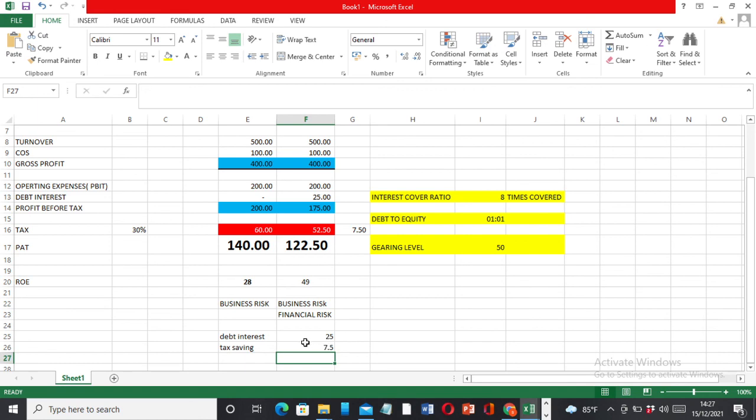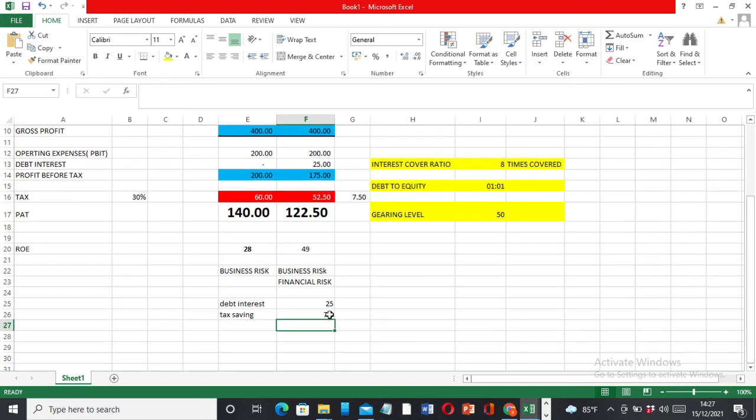So this is the tax savings you get, right? If you look at the net interest cost, you're not paying 25 million to the bank. You are paying 25 million minus 7.5.